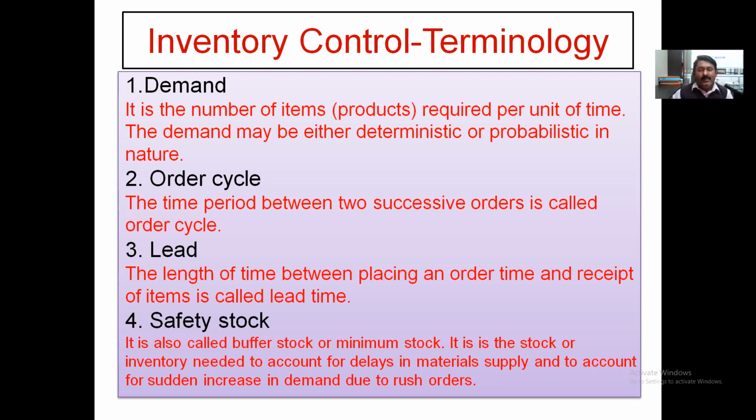Safety stock. This is also called buffer stock. Safety stock is the minimum stock that is required to be kept continuously in order to tackle delays in the material supply. For example, if a company orders nuts and bolts from a firm, the standard time for getting them ready may be 8 days or 10 days.